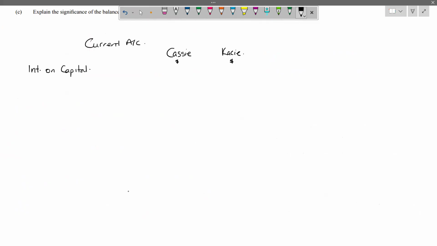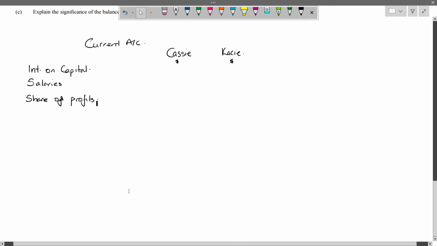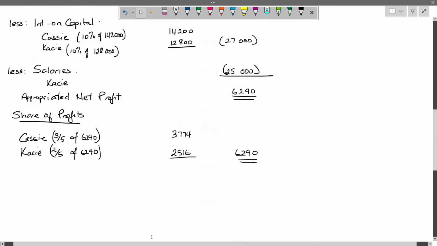So that would include interest on capital, salaries, and share profits. These are things that will increase the partner's standing or net worth in the business. The information for these will be calculated or taken from our appropriation account.